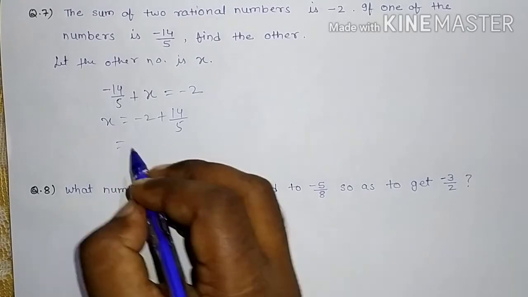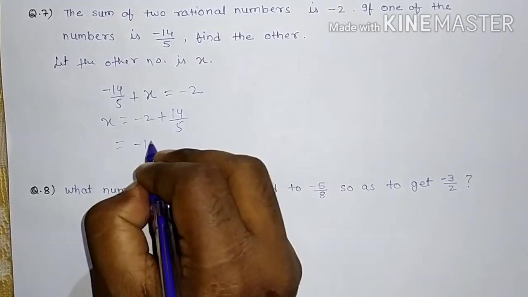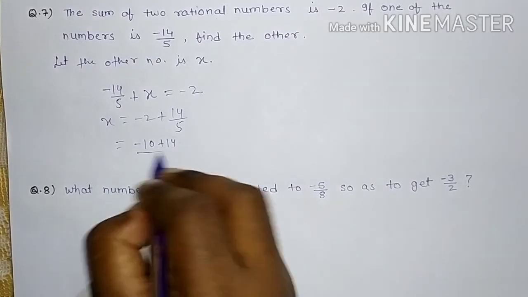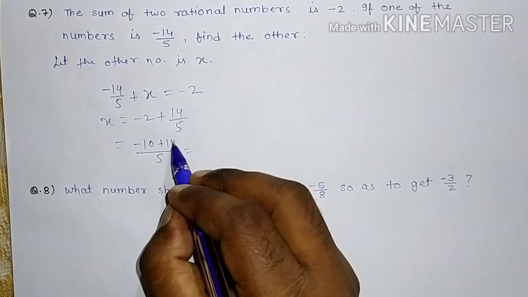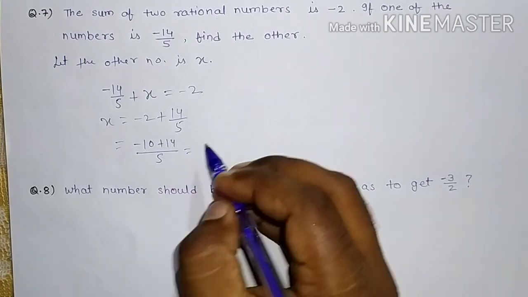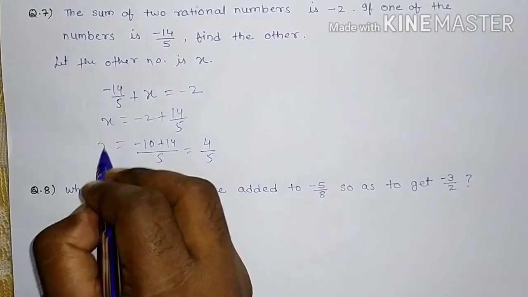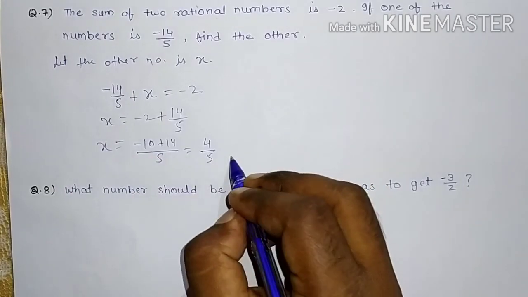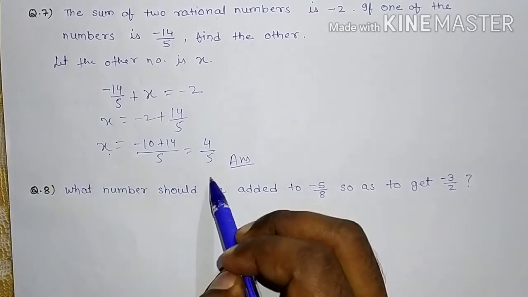Now just solve it. 5 2s are 10, that is minus 10 plus 14 upon 5. Now minus 10 plus 14 is 4 upon 5. So 4 upon 5 is the number, x equals 4 upon 5.